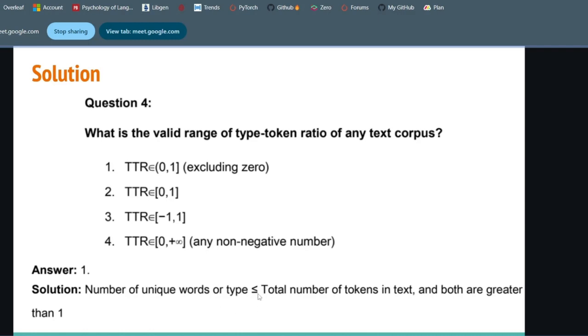One thing to note is that the equality happens when all the words in the corpus are unique. In that case, the number of types and the number of tokens would be the same, and we'll get a value of 1. And 0 won't happen. You cannot have the value 0 because if there's at least one word, that would be a unique word, and we'll have some ratio at least. Okay. So this is question number 4.